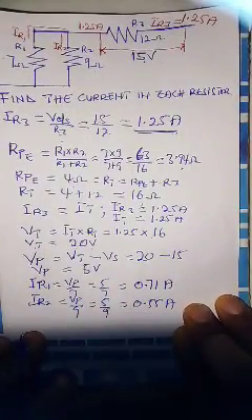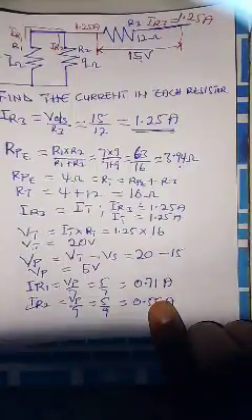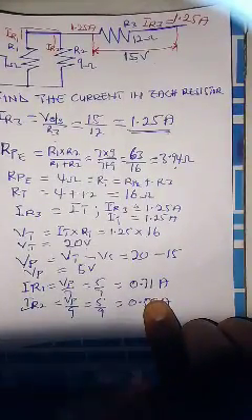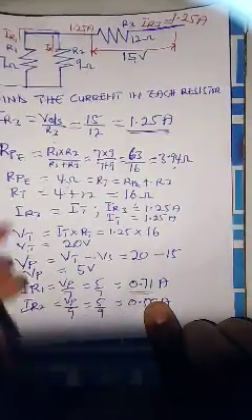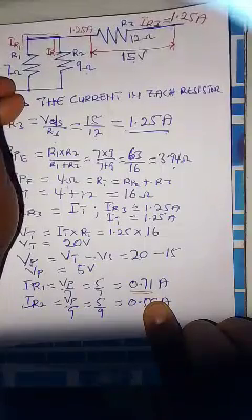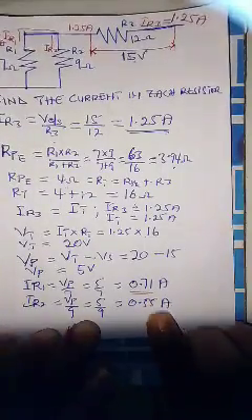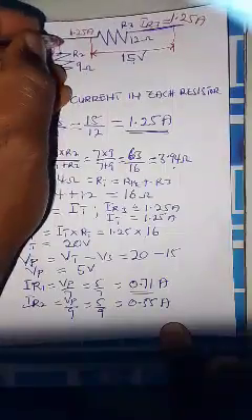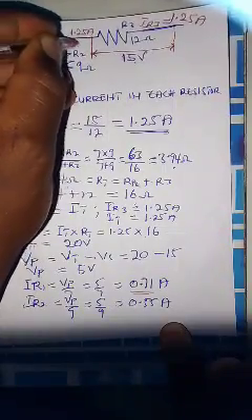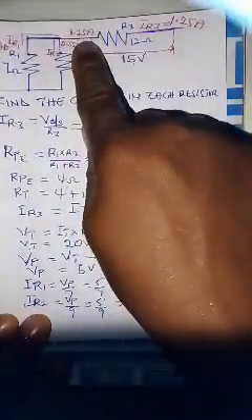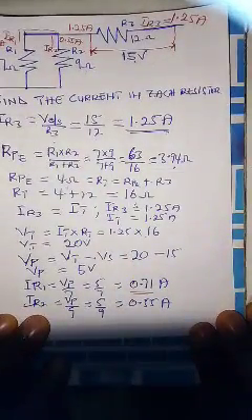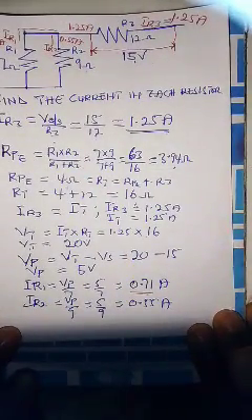So now the current in R1 is 0.71 amps, and the current in R2 is 0.55 amps. When you add these two, you get either 1.25 or 1.26 approximately, due to tolerance.